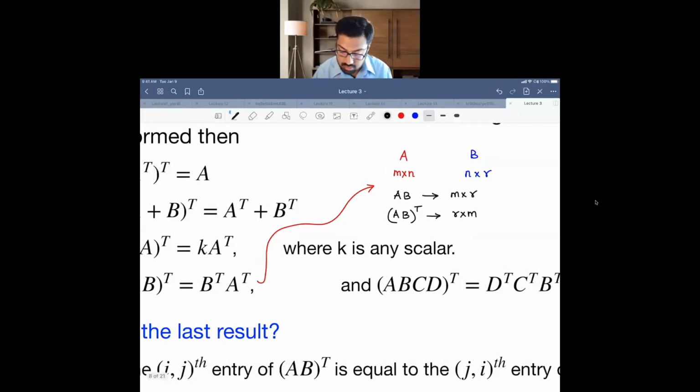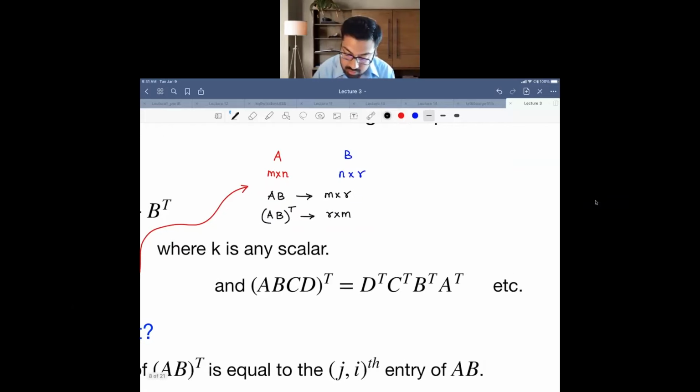Now, let's compare that with B transpose and A transpose.